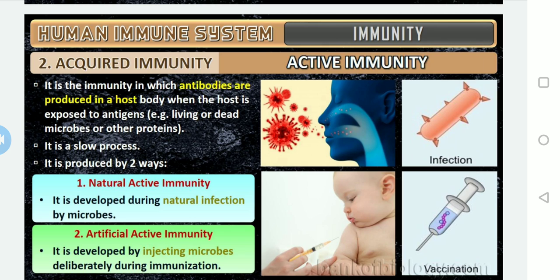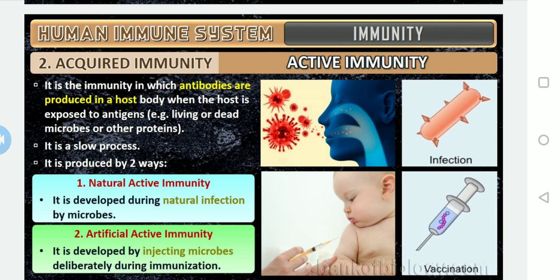This is because the memory T cells produced in the body during the first infection remain for a long time and react immediately to enhance the resistance. So this is how exactly it works. Thus, the body builds up active immunity or acquired immunity.